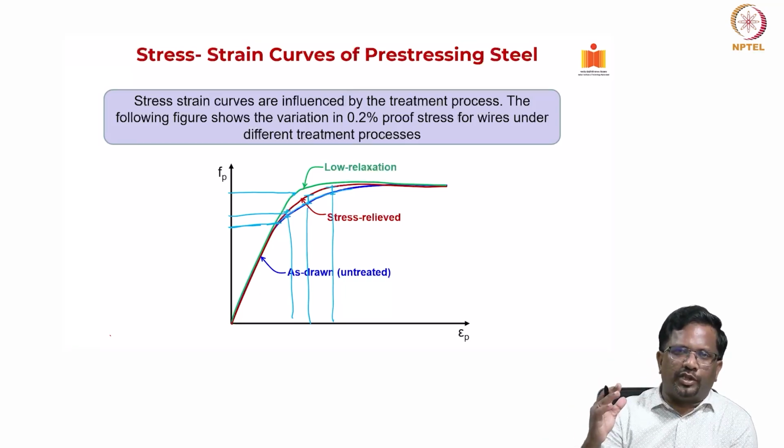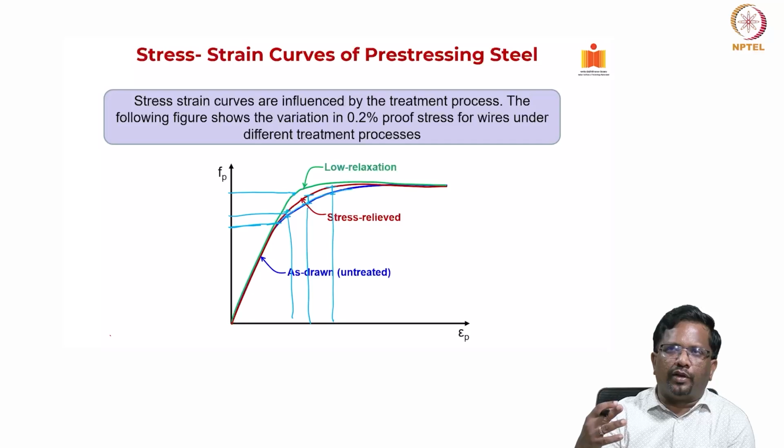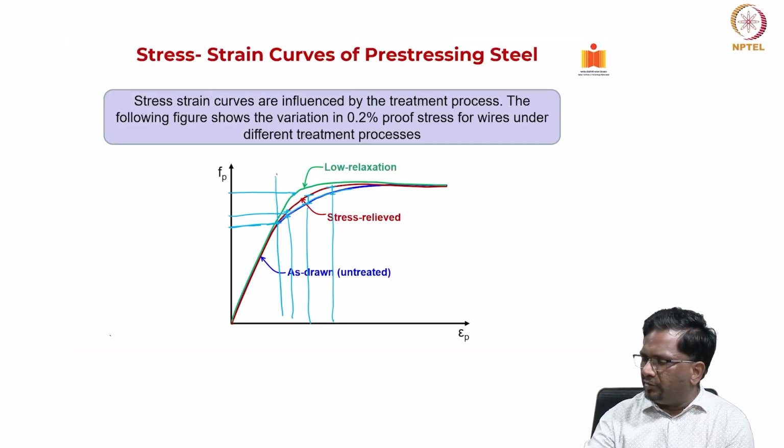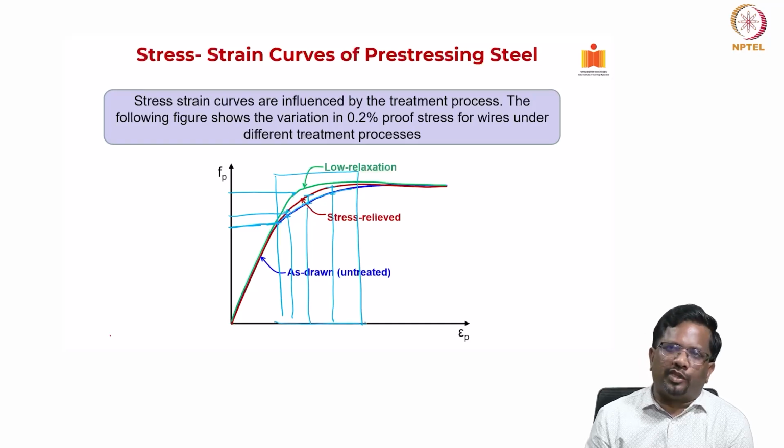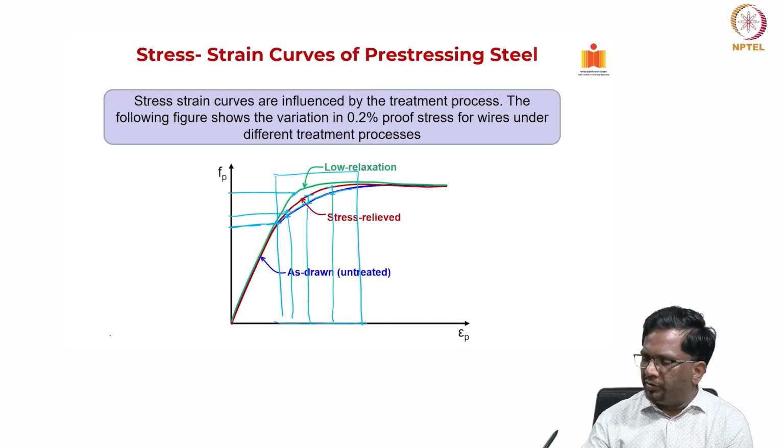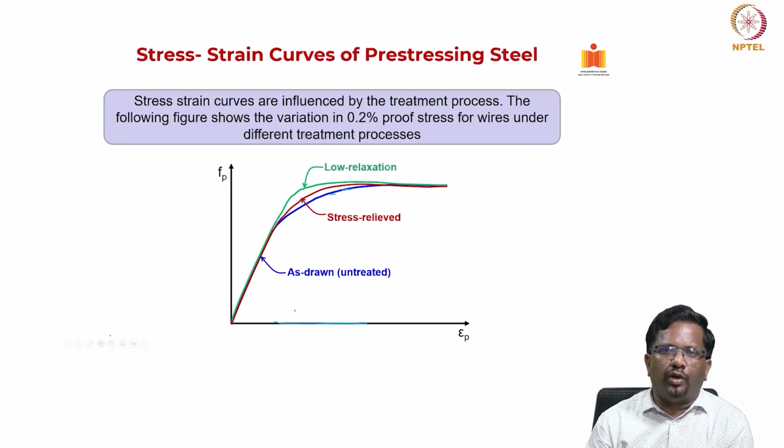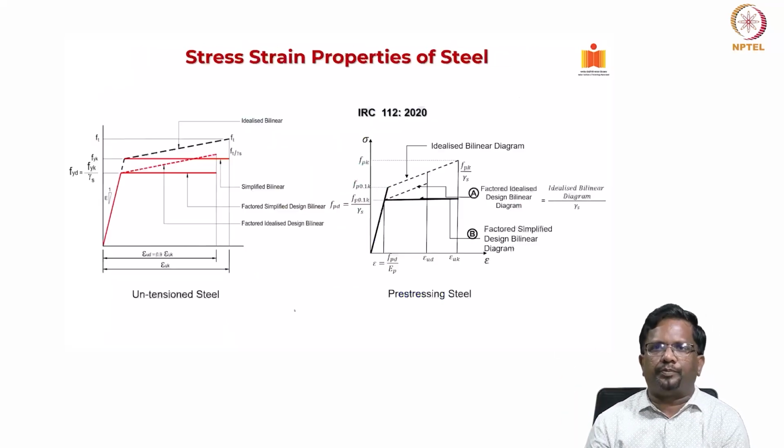For a particular strain, the stress that you are going to get in low relaxation, especially in this regime, is going to be higher, which is better for you from a design point of view. So, that is the reason we have to use low relaxation strand. The production process plays a major role in what the yield strength is and how the slope is changing. So, we have to keep that in mind.